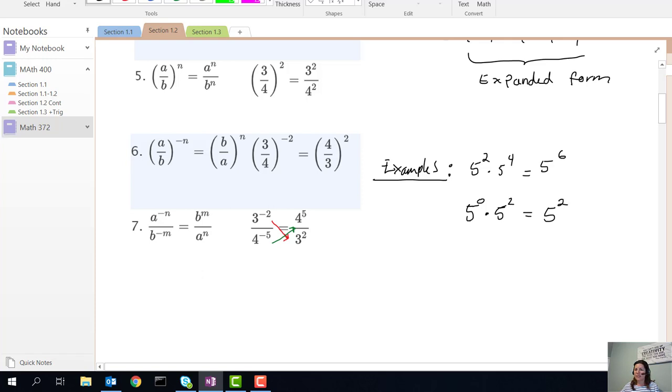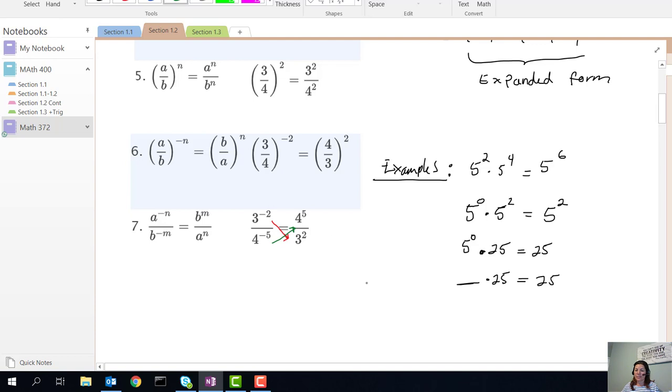What is 5 to the 0? You may already know, and if you remember, then you know what 5 to the 0 is. If you don't quite remember, then we can figure it out. We can say, well, I don't know what 5 to the 0 is, so let's write it. But do we know what 5 squared is? Yes, 5 squared is 5 times 5, which is 25. So 5 to the 0 times 5 squared equals 5 squared, which is 25. So what do you multiply 25 by to get 25 again?